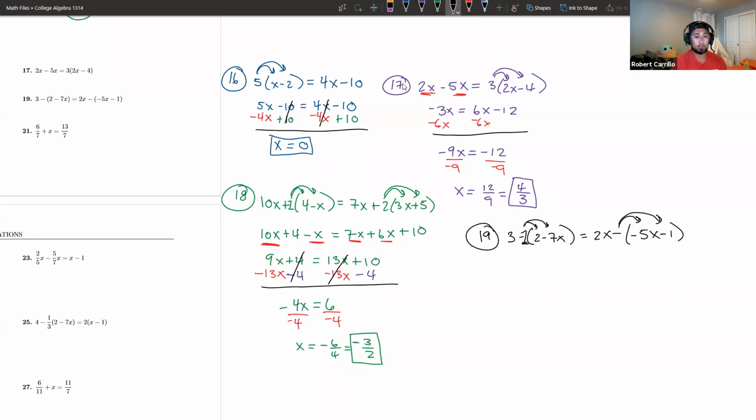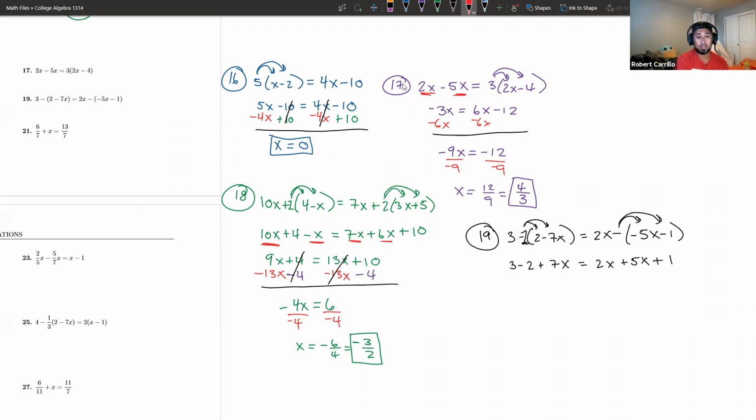All right, so distributing that negative, you'll have 3 minus 2 plus 7x equal to 2x plus 5x plus 1. Okay, so we have distributed again, and now we just clean up.